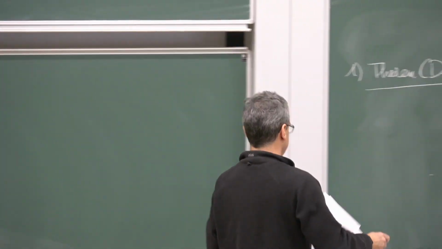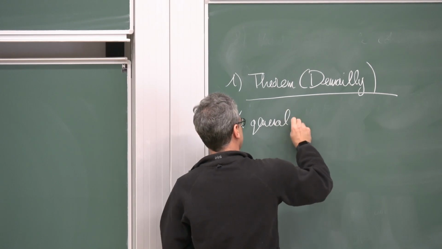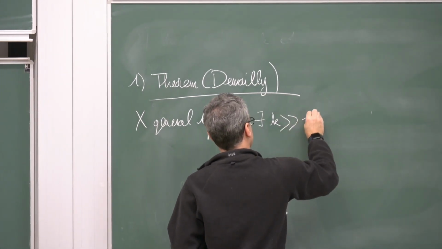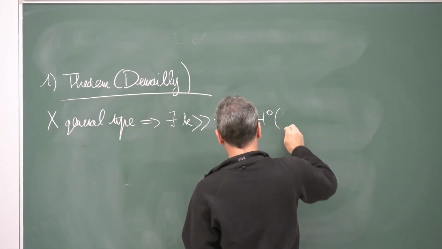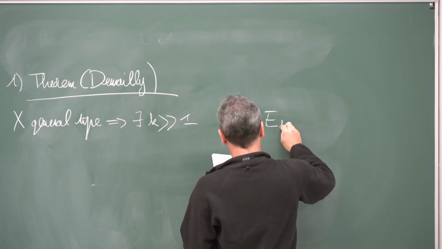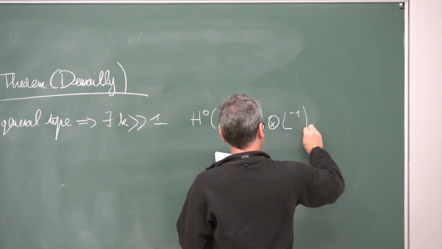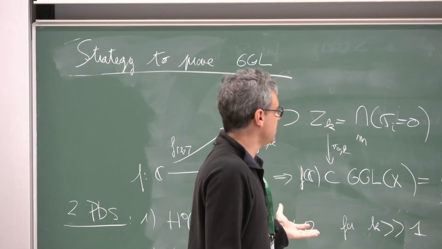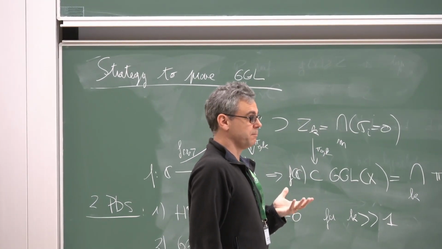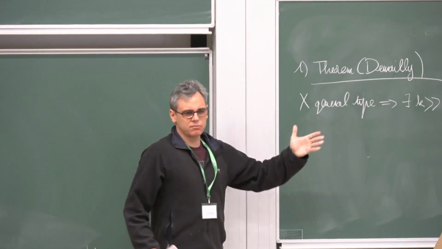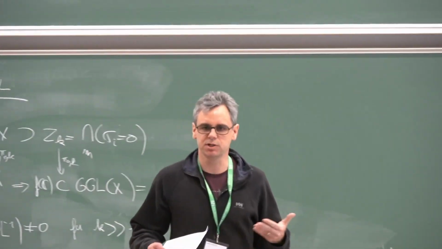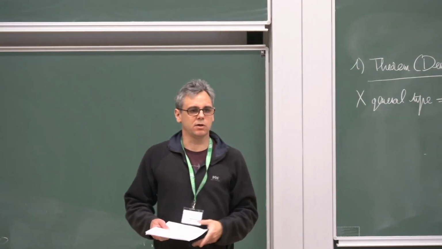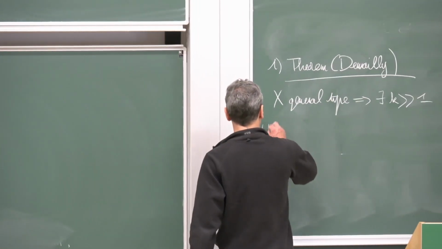So Demailly proves the following: if X is of general type, then indeed there exists such a large order where you can find non-zero sections. Okay, this is a very nice statement which tells you that with this algebro-geometric condition, you just suppose that you have a top differential form on a variety, or many in the multiple general type, then you can produce such a non-zero differential operator.